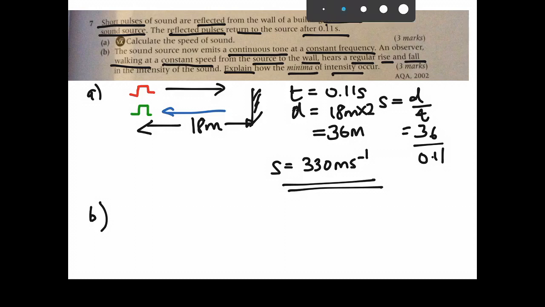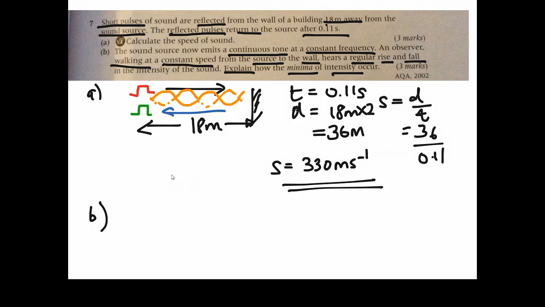So as we said already, we know that in this case we now have a continuous wave like so, and we've therefore got points called nodes where we'd be expecting that drop in the intensity, and positions which we call antinodes where we would be experiencing a rise in the intensity.